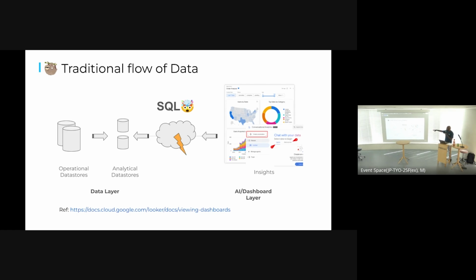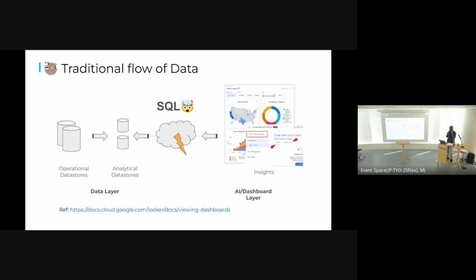And when people build dashboards, or AI agents run SQLs on top of the analytical data stores, they use the universal communication language, which is SQL, right? Writing SQL is tough.